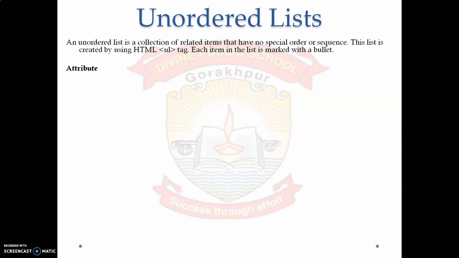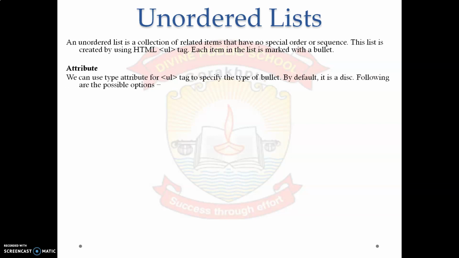What are the attributes? In the previous video, I told you that attributes are properties of any tag. Here, the UL tag has a property called type, where we can specify three values: square, disc, and circle.